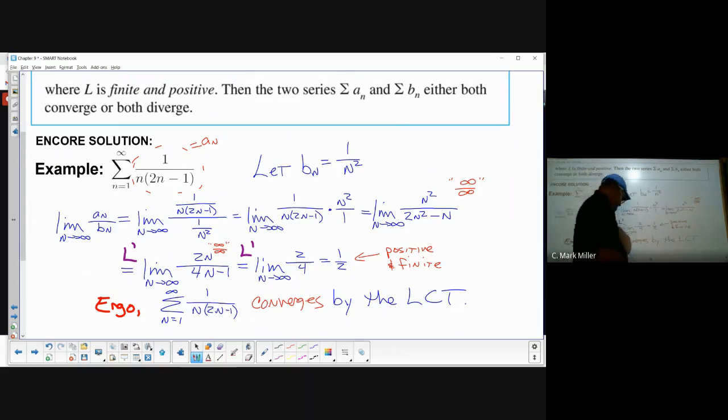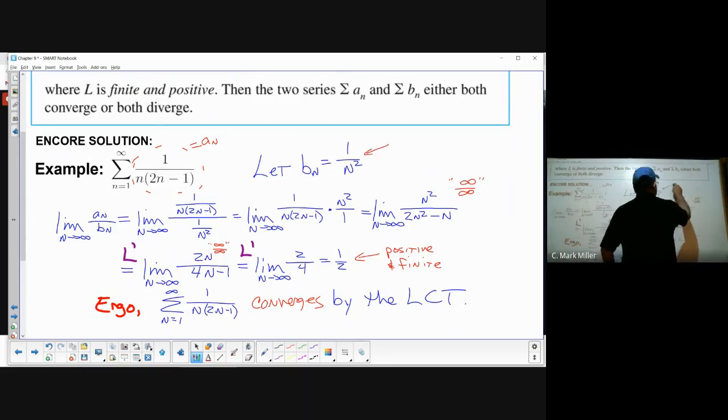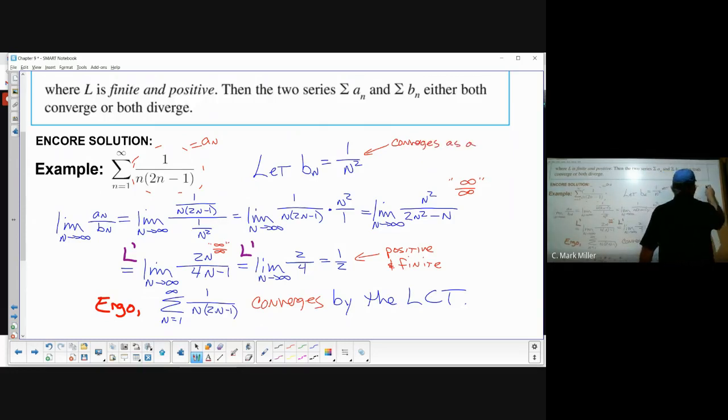So this converges as a p-series with p greater than 1. So you got to say what it does and why.